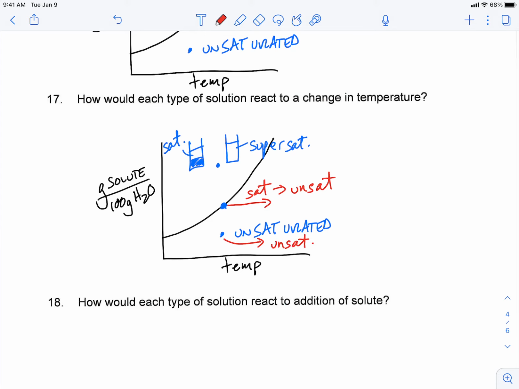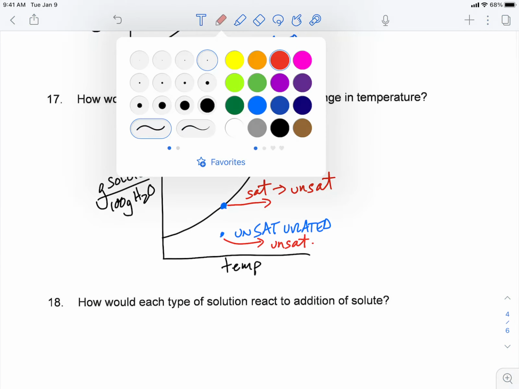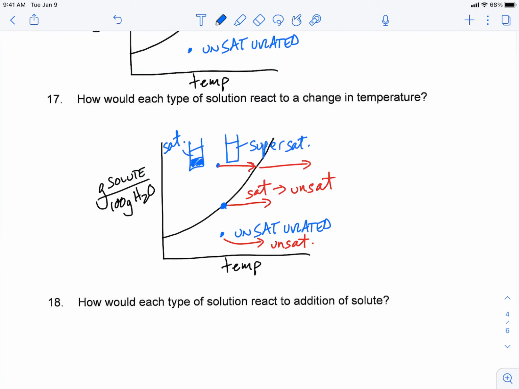Okay. If I had a saturated solution or a supersaturated solution and I'm above the line, we could stop here and be saturated, or we might go to unsaturated. All right. If I cooled these down, starting at the bottom with unsaturated, if I cooled it down, I could hit the line and become saturated.